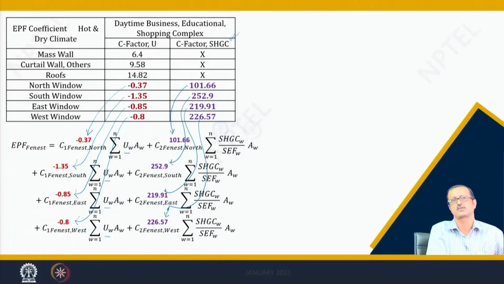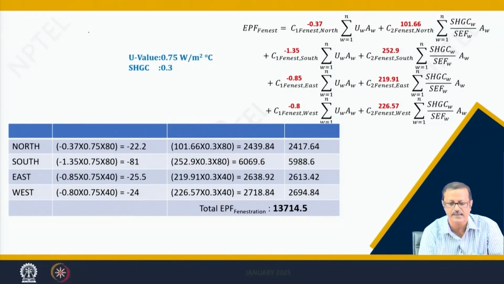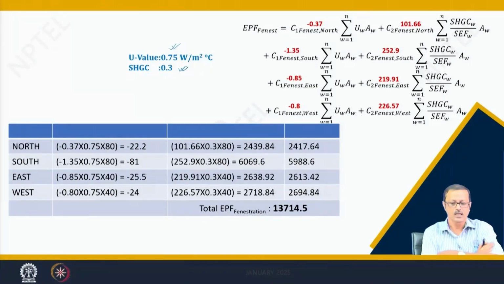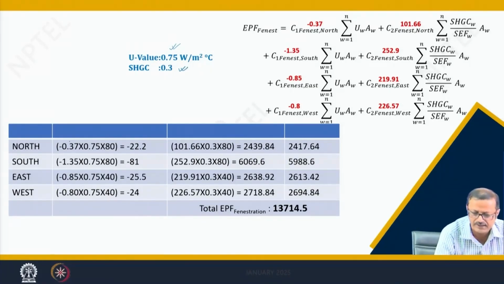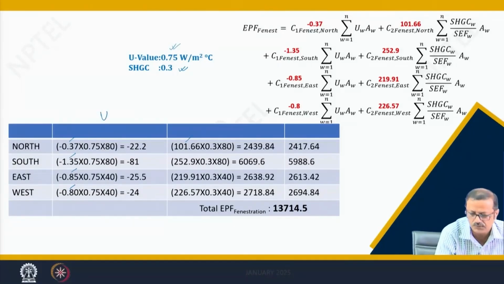So, you just have to carry this number from the appropriate hot and dry climate zone, appropriate daytime or 24 hours building also, and now I have calculated. So, those numbers I have taken. I know the U value of the windows is 0.75, SHGC is 0.3, and these minus values, minus 0.37 whatever we have just now discussed, and this 101 is for the SHGC.